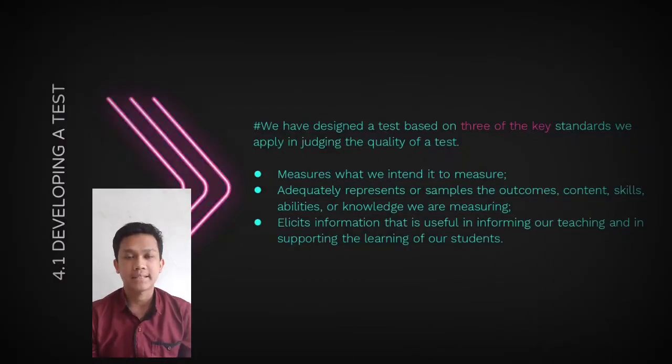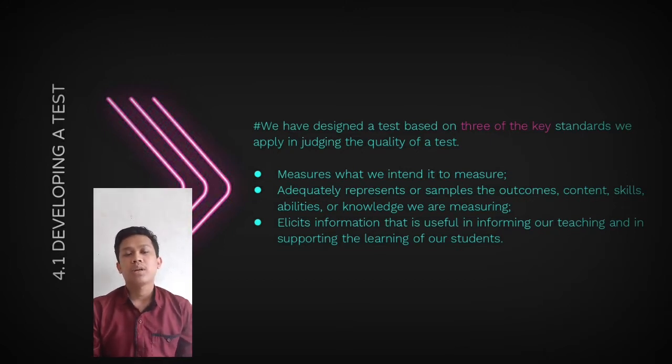developing the test. In this part, we have three key standards we can apply in judging the quality of a test. What are they? The first is measures what we intended to measure. So this is related to the validity of the test.